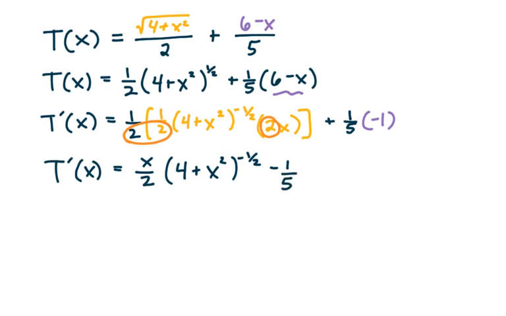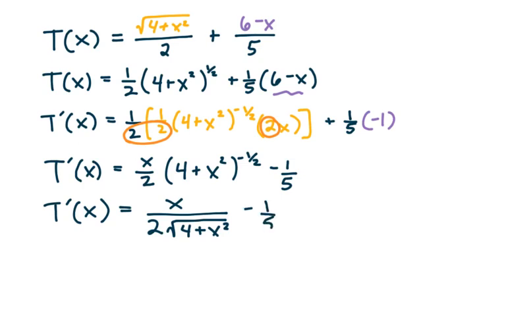And that negative 1/2, I can put that in the denominator as well. So t prime of x equals x over 2 square root of 4 plus x squared, minus 1/5. The negative pulled it into the denominator, and that 1/2 power represents a square root. So this is my derivative.